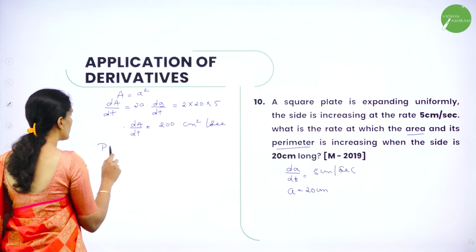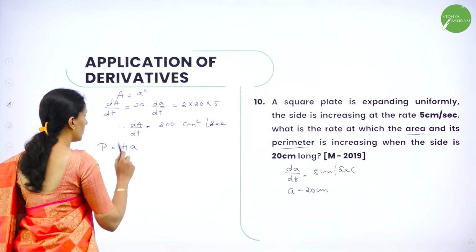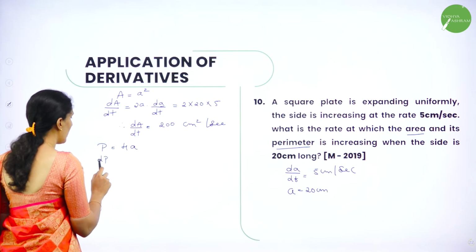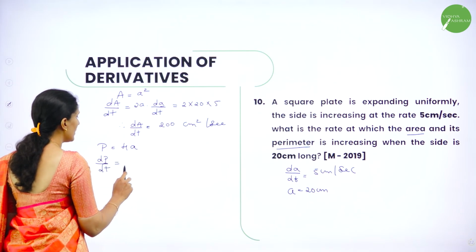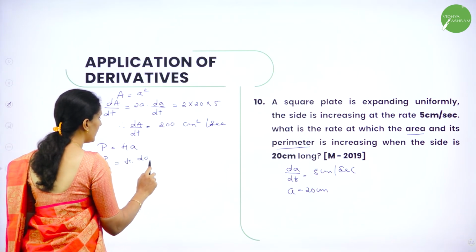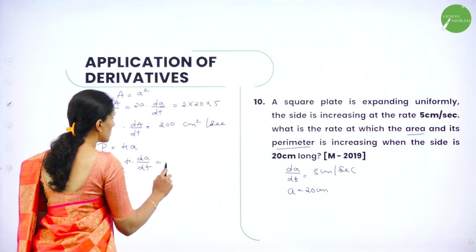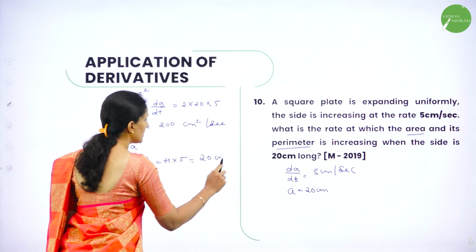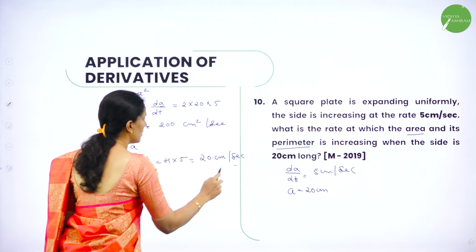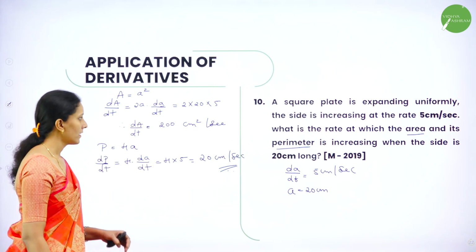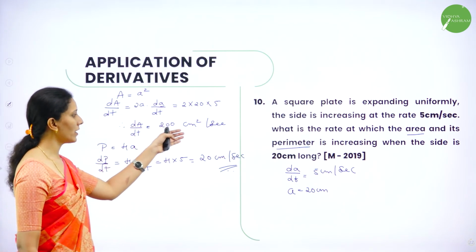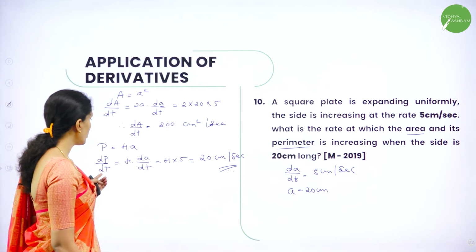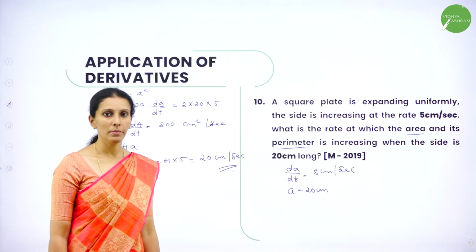So the perimeter of a square is nothing but 4a. So therefore dP by dt is nothing but 4 into da by dt, which is 4 into 5, which is equal to 20 centimeter per second. Hence, the change in area is 200 centimeter square per second. Change in perimeter is 20 centimeter per second.